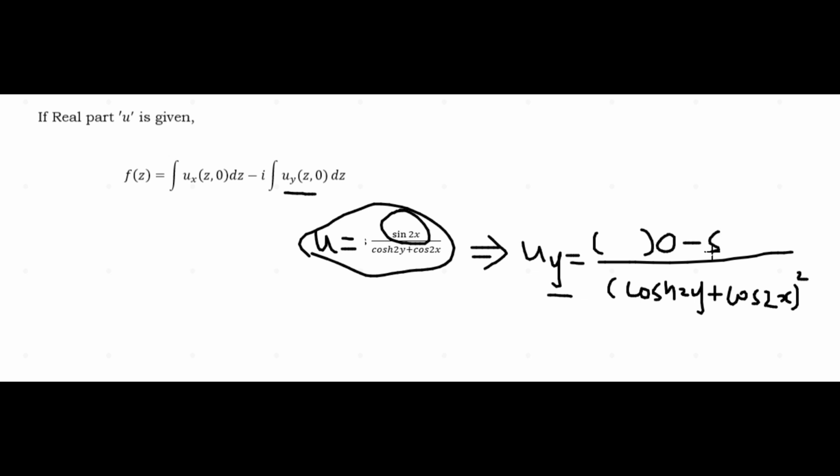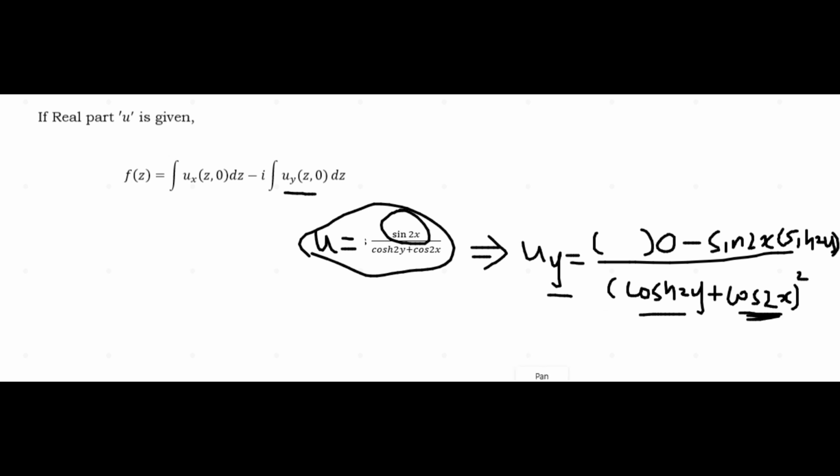So minus sin 2x into the derivative of cosh 2y plus cos 2x. In the second term, y is not present, so it is independent of y, and we take only the first term. The derivative of cosh 2y is sinh 2y.